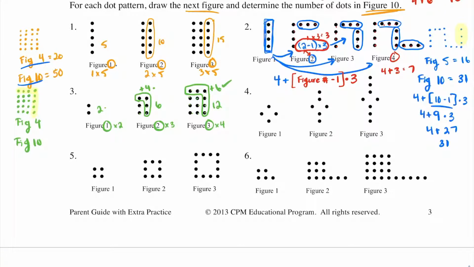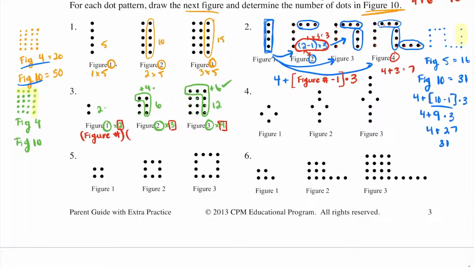Interesting. Okay, so I'm going to write this out in words. I'm going to take my figure number and multiply that. I noticed that the number that I'm multiplying by is always one more than my figure number. Let me double check with figure 4.